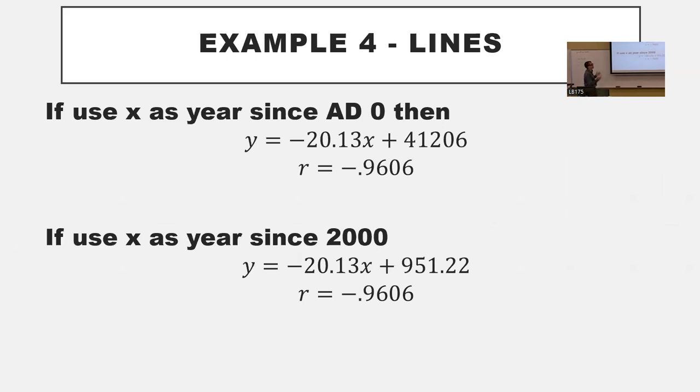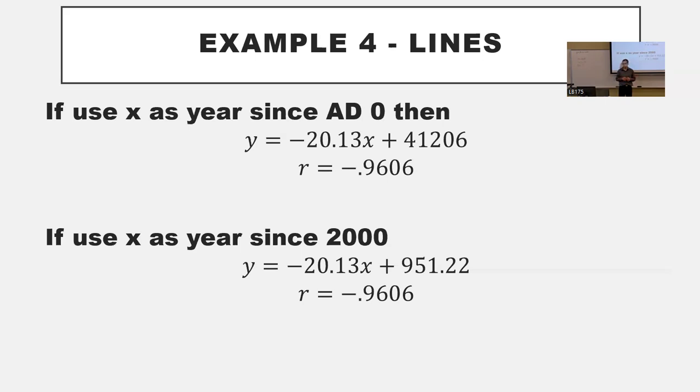The difference in the line is actually not on the coefficient of x. Coefficient of x is going to be the same either way. Because if you increase by 1, in both cases, you're going down by 20.13. You know, the jump from 2008 to 2009 is the same jump from 0 to 1.